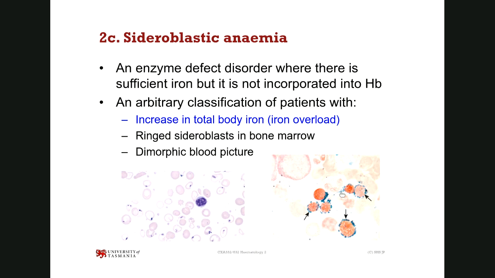So what's happening with these ring sideroblasts is that the iron can't be incorporated into the heme disc, so into the protoporphyrin ring. That procedure happens in the mitochondria. And so the mitochondria have this iron sitting in the cristae waiting to be incorporated into the heme disc, and it's not happening.